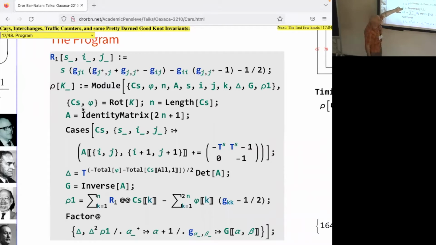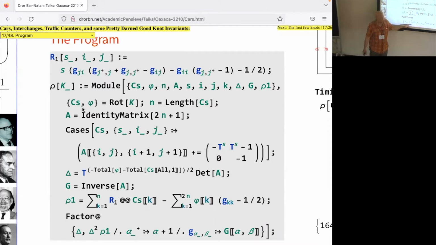It inverts the matrix A, and it computes rho 1 by taking a sum over all crossings of R1 of that crossing and then the normalization term. It outputs the Alexander polynomial, comma, delta squared times rho 1.